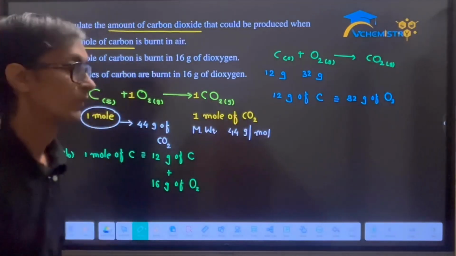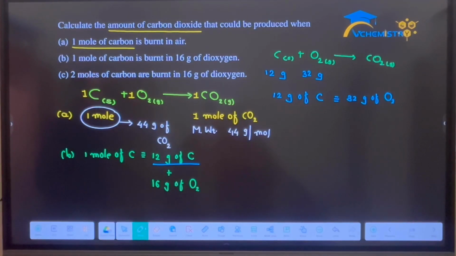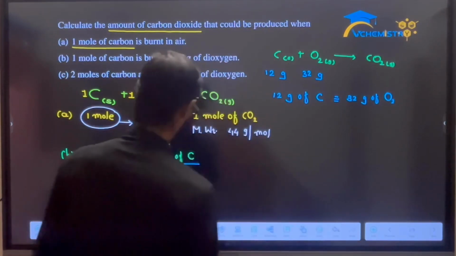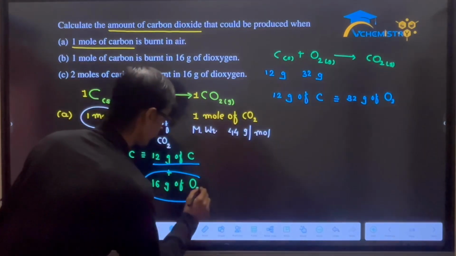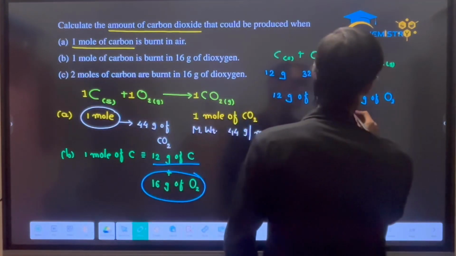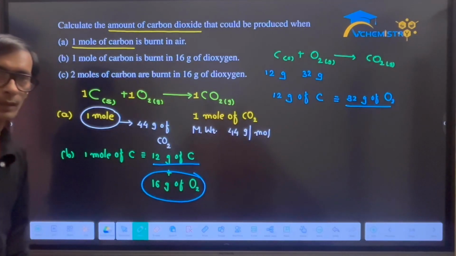That means 12 gram of carbon reacts with 32 gram of oxygen. We need 12 gram of carbon and 32 gram of oxygen, but here only 16 gram of oxygen is given. The needed amount of oxygen is 32 gram, but the given amount of oxygen is 16 gram.